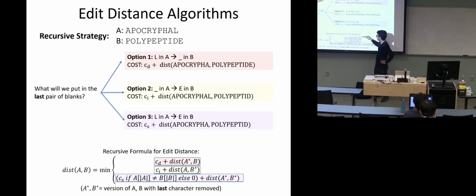You either delete the last character of A, or you insert the last character of B, or, if the last characters are not the same, then you pay CS. But otherwise, if they are the same, you just pay 0 and recurse on A star and B star. Does this algorithm make sense?